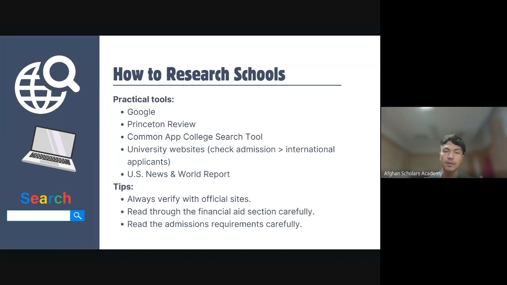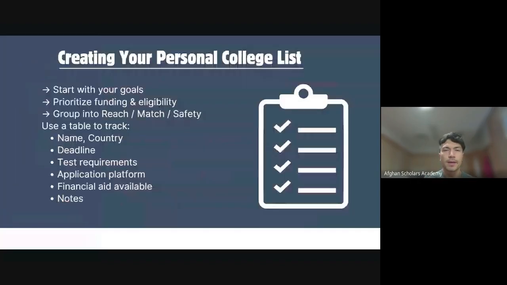There is sometimes misleading information on other websites, so do not fall into that trap. And read the admission requirements. They all have undergraduate, graduate, and other programs' requirements, admission, and deadlines. Make sure you put all that information in your sheet and have it organized.